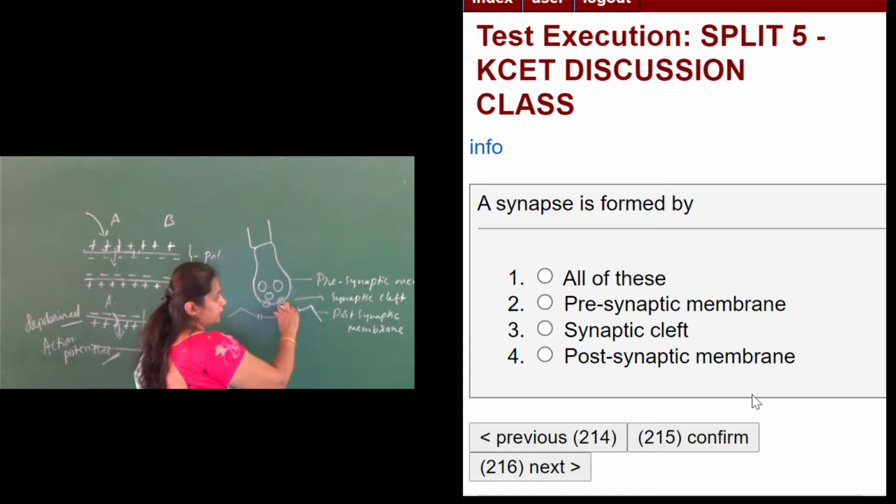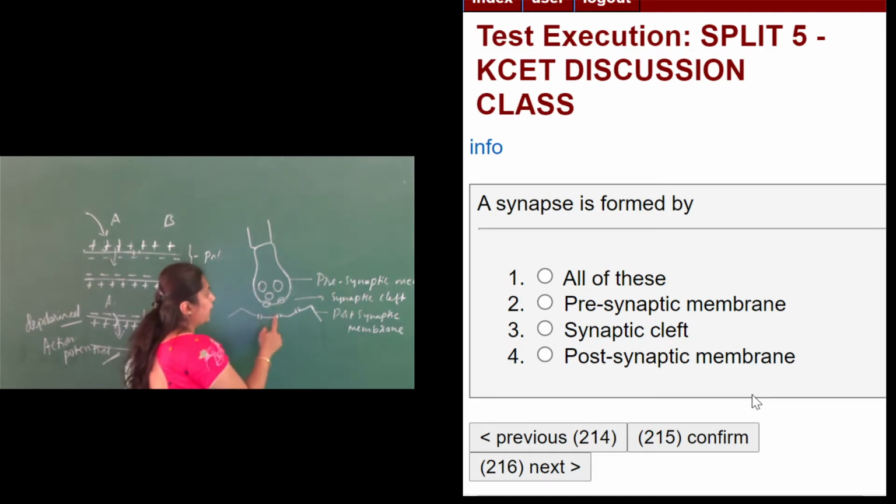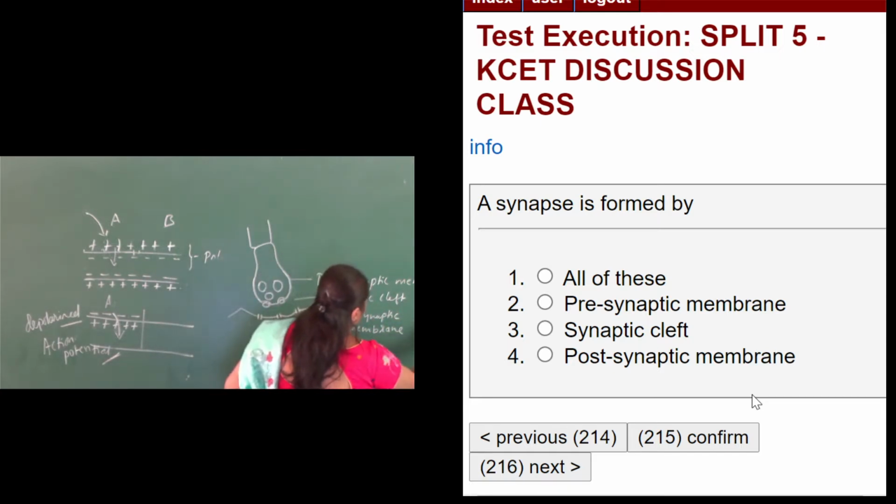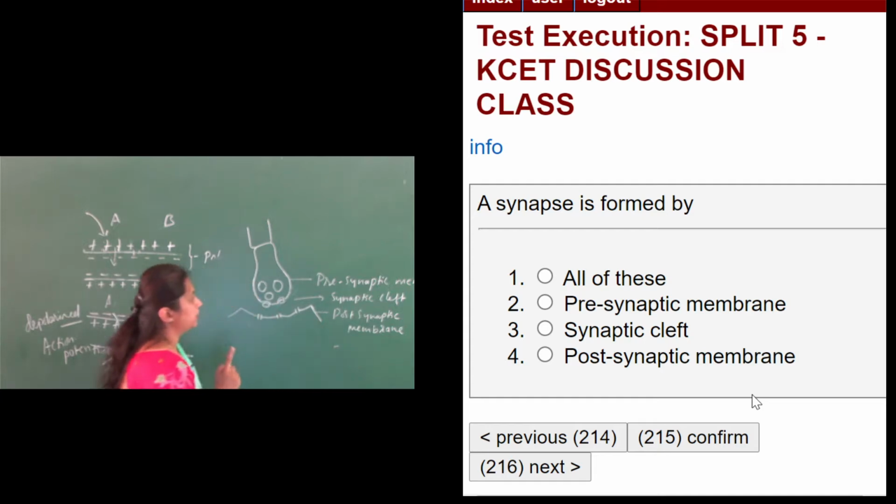This is the gap between these two neurons, called the synaptic cleft. And this is the postsynaptic membrane, which is present after the synaptic cleft and receives the impulses from the presynaptic neuron. So all three together form a synapse: a presynaptic membrane, synaptic cleft and postsynaptic membrane. All are involved in the formation of a synapse.